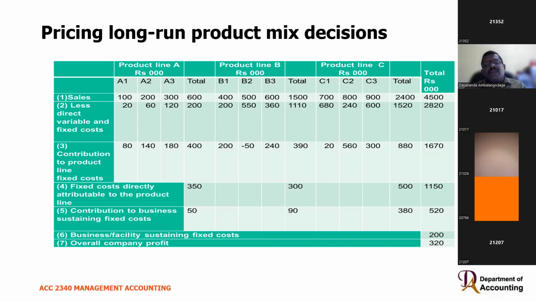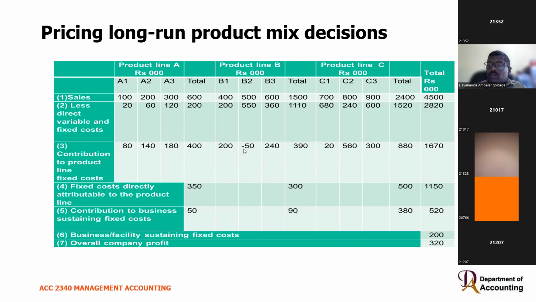What happened to the sales of B1 and B3 if we stop B2? Whether B2 is going with B1 and B3. What will happen to our image of the business when you drop product B2? Whether the customers will assume that we are going to collapse, we are going to become bankrupt, we are going to stop the business. Will there be such a situation? So many factors.